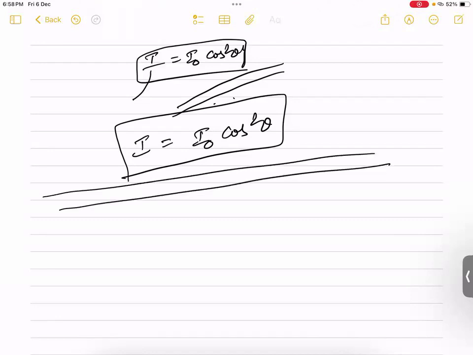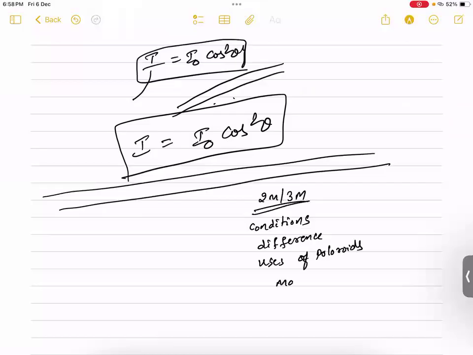In wave optics, whatever the 2 marks and 3 marks questions there will be, only a few questions come. One is conditions, then the difference between interference and diffraction, then uses of Polaroid and Malus law, and Huygens' principle.